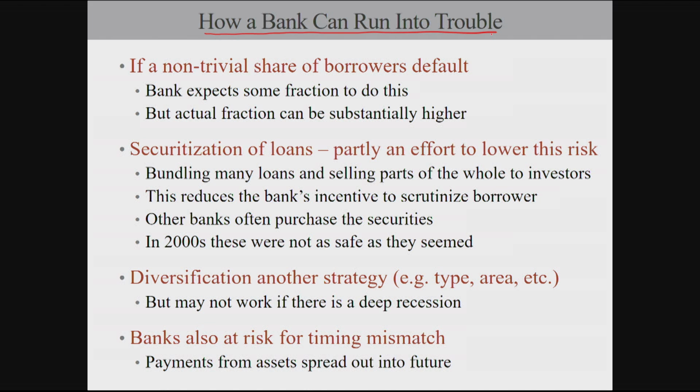Many banks in the US ran into trouble about a decade ago if a non-trivial share of their borrowers default. So banks always expect some fraction of their borrowers to do this, but if the economy starts not to do very well, many more may end up doing this. So the bank expects some fraction of their borrowers to default, but it can end up being much higher.